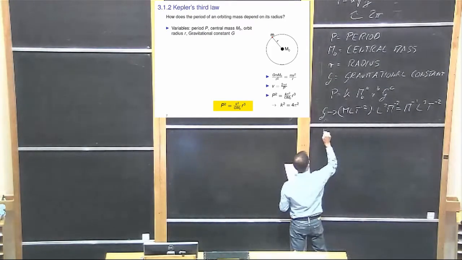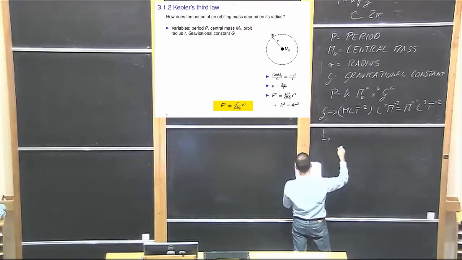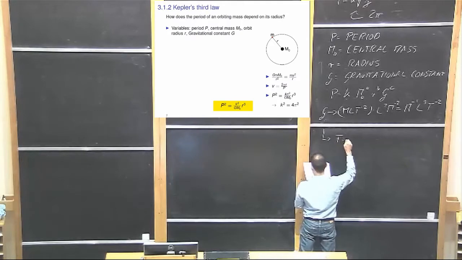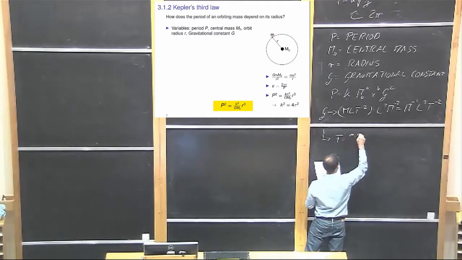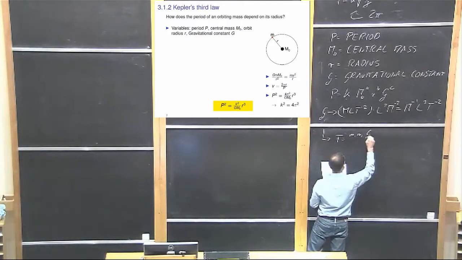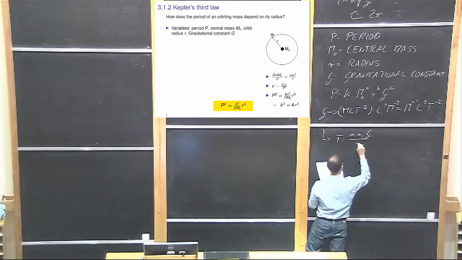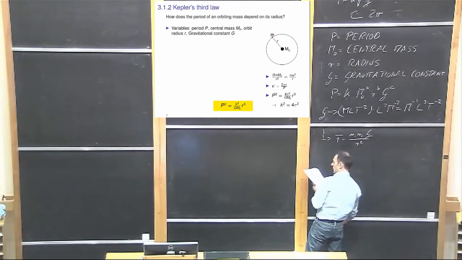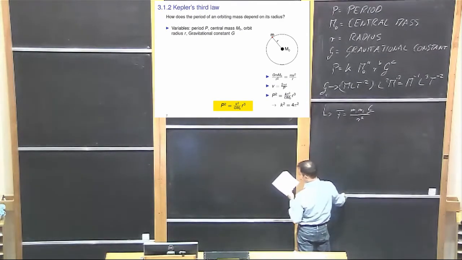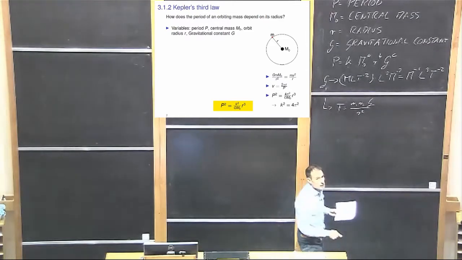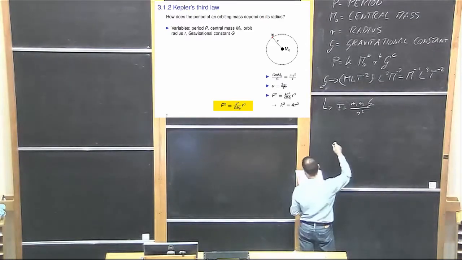You get G by looking at F equals m1 m2 G over r squared. That's the gravitational attraction between two masses.